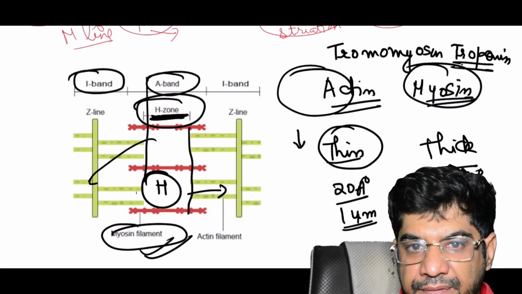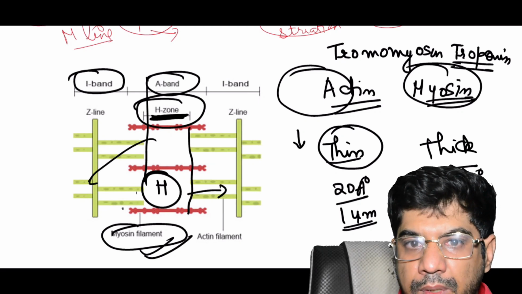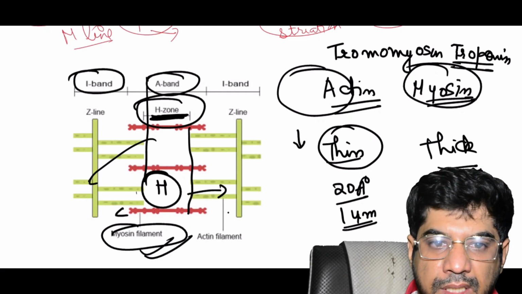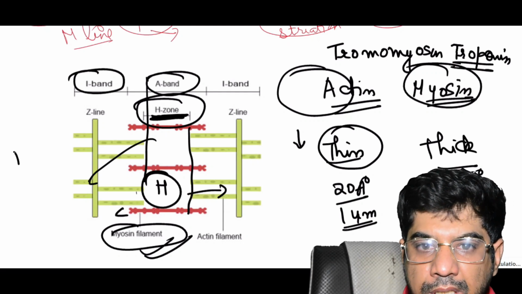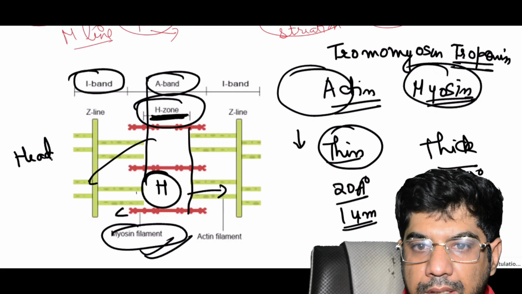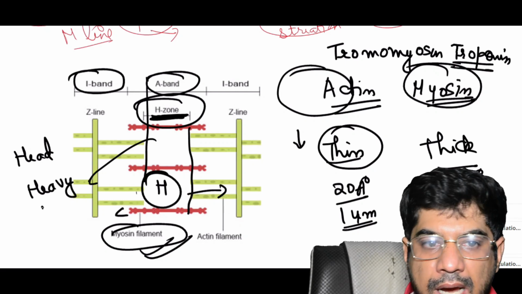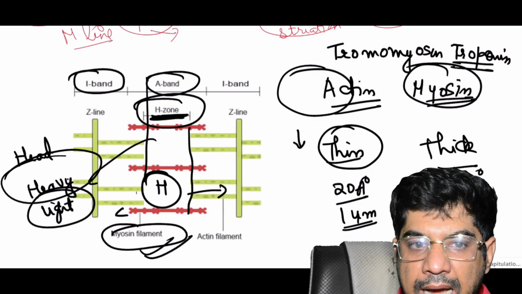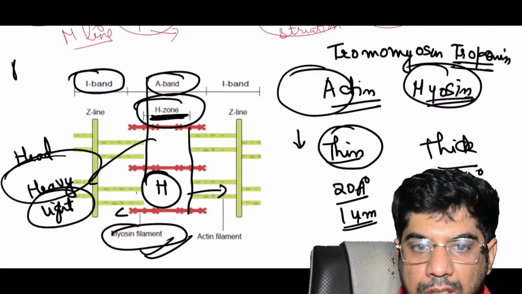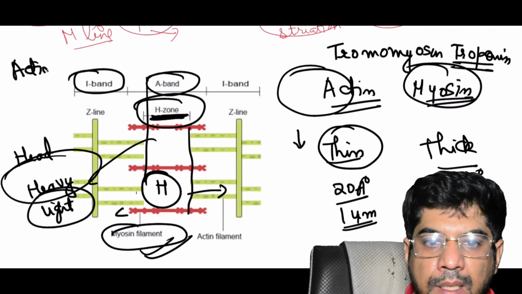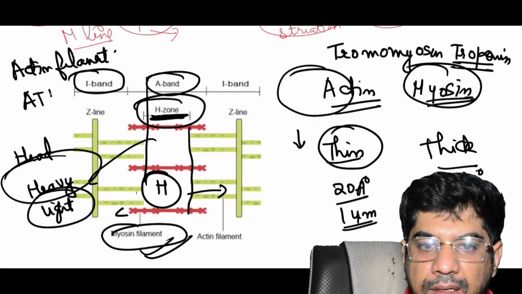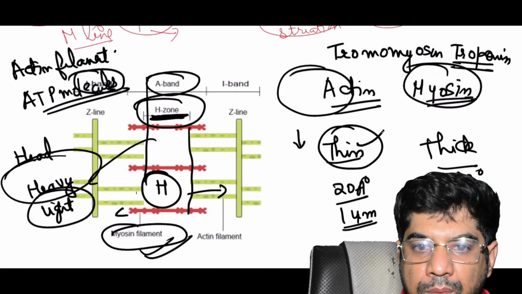The myosin filament is formed by myosin molecules. It has a tail portion and a head portion. The head portion is formed by heavy chain and light chain. So remember, the myosin has one site for the actin filament and one site for the ATP molecule.